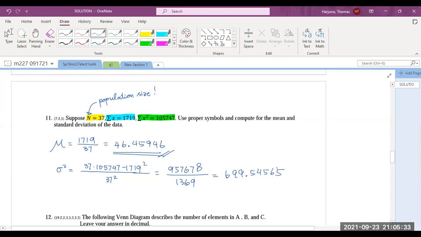But this is not the standard deviation. The standard deviation is the square root of that. That is 26.448925.